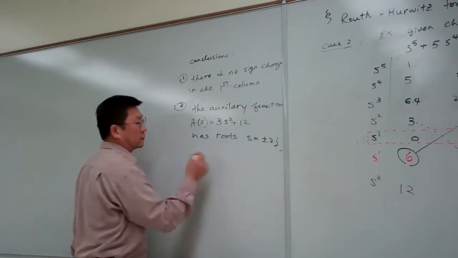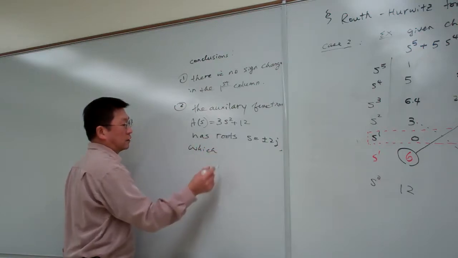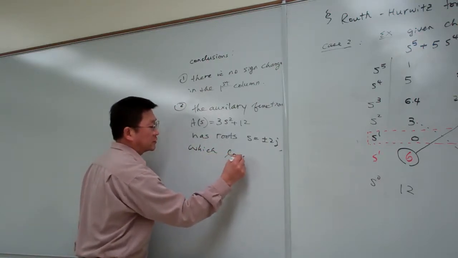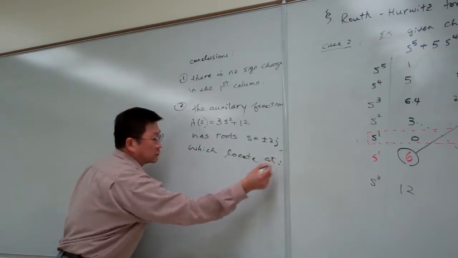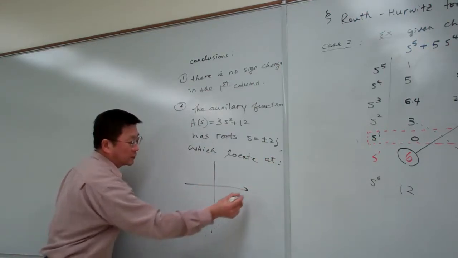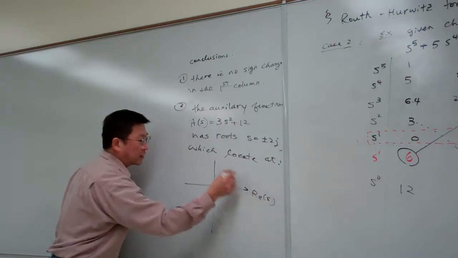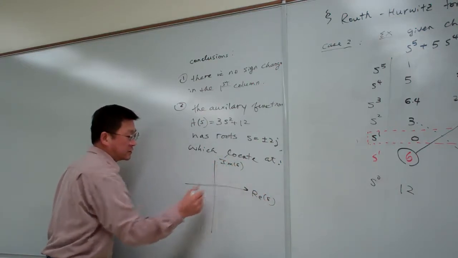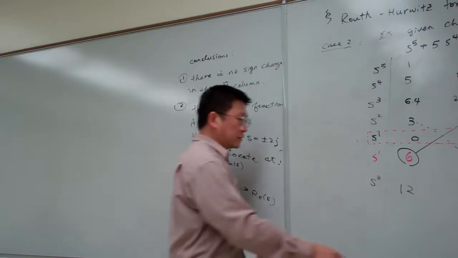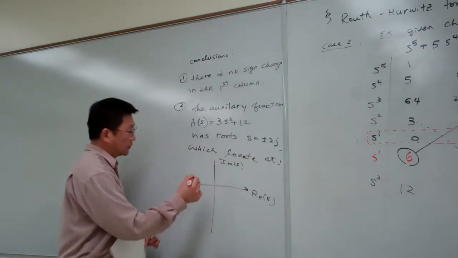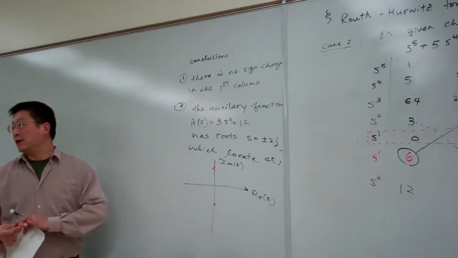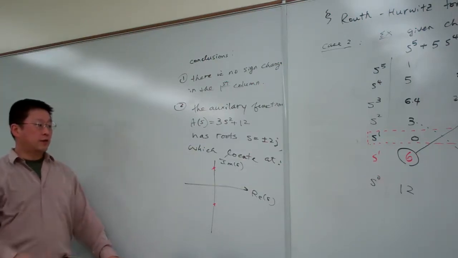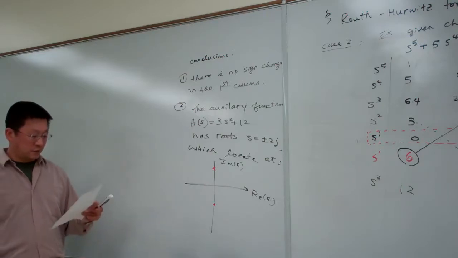So which locates at, let me plot here. This is the real s and this is the imaginary s. And the two roots actually locate here. One is here and one is here. Okay, so that fits into our introduction for the second case here.